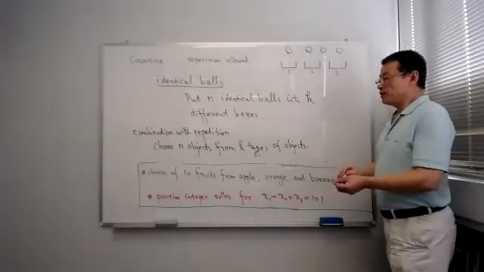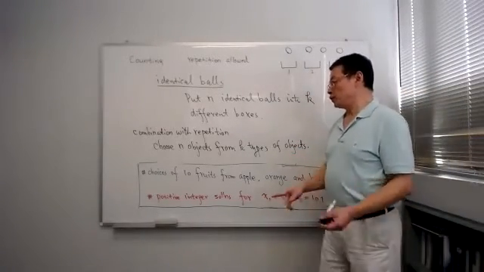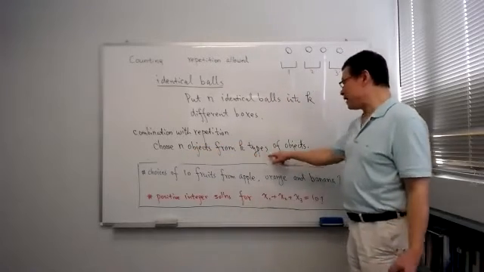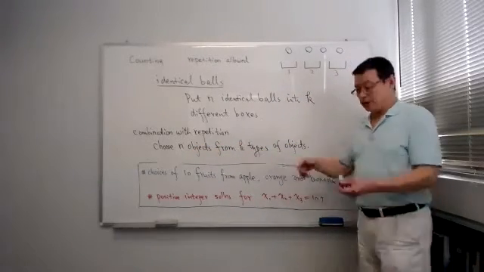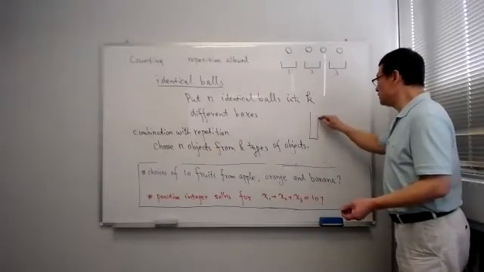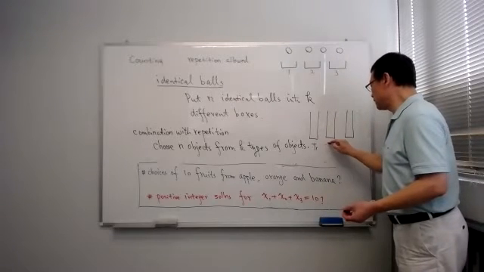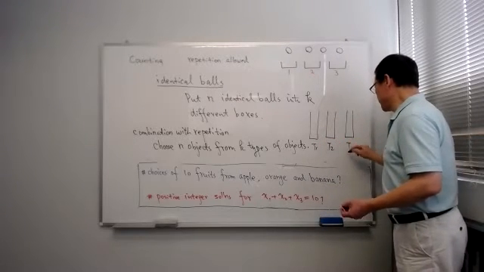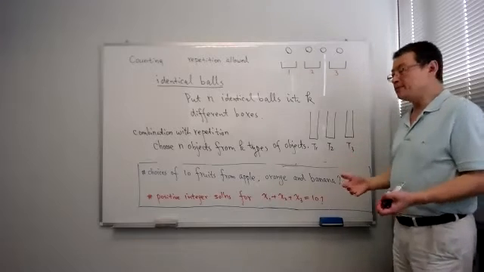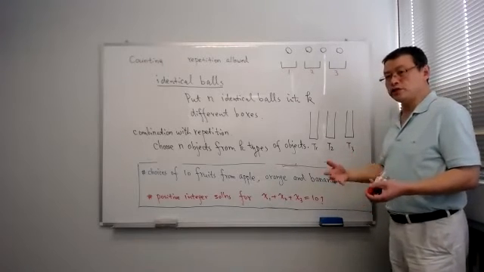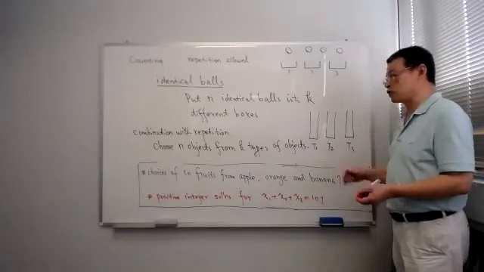That's what we mean by combination with repetition. We choose an object from k types of objects. So we have k types: type 1, type 2, and type 3. You can choose as many as you want from each type.